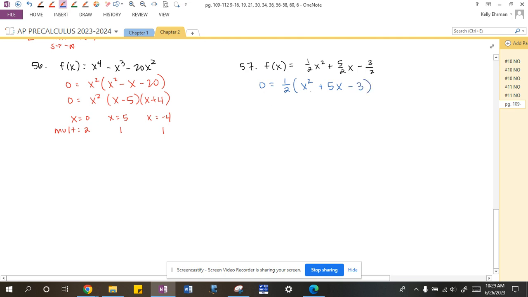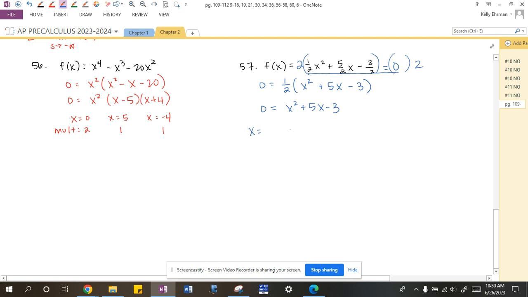Because it's an equation that we're setting equal to 0, you could have also just said if this equation equals 0, I'm just going to multiply both sides of the equation by 2, and you can get rid of this 1/2 altogether. The 1/2 doesn't really matter as far as finding zeros, so I'm just going to be looking at this. Now, this doesn't factor, so remember, back in our quadratic unit, if something doesn't factor, it doesn't mean that we can't solve it.